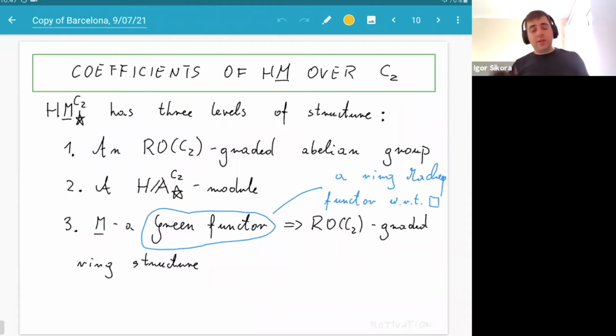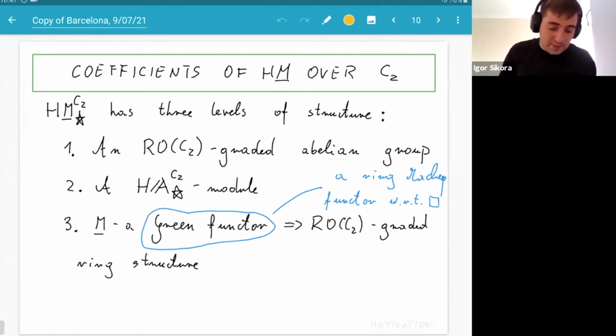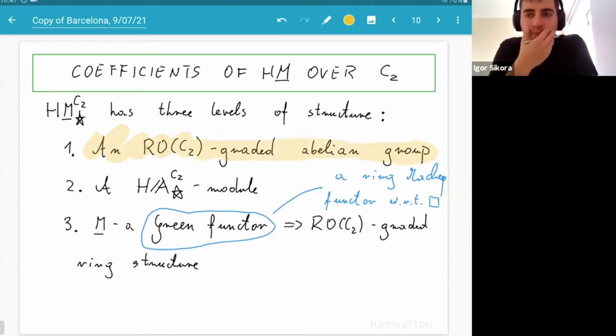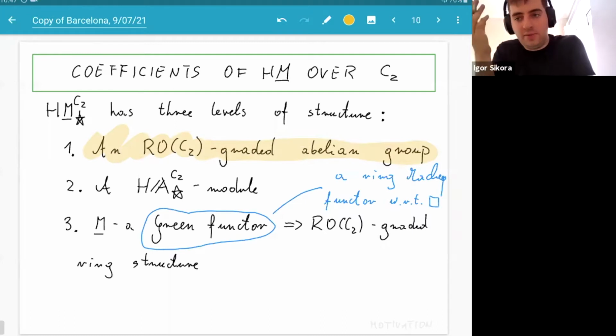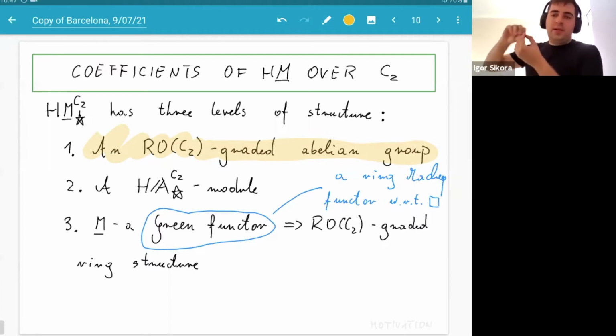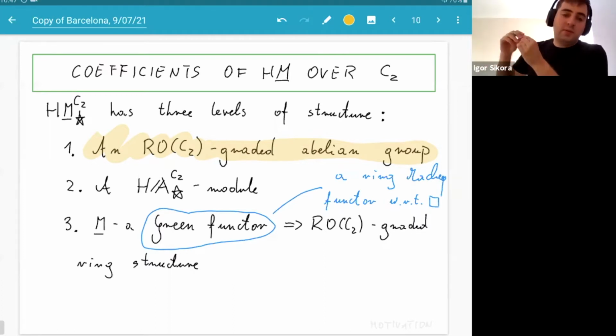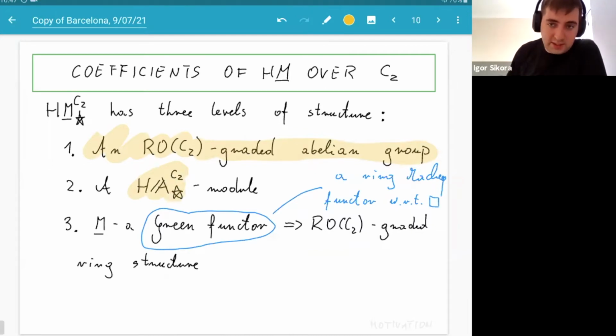So the coefficients of Eilenberg-MacLane spectra over C2 may be thought of as having 3 levels of structure. The first level is an RO(C2)-graded abelian group. But also, by the fact that every Mackey functor is a module over the Burnside Mackey functor, the coefficients of every Eilenberg-MacLane spectrum carry a structure of a module over the coefficients of the Eilenberg-MacLane spectrum associated to the Burnside Mackey functor.